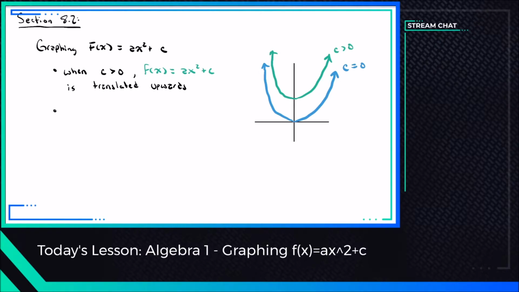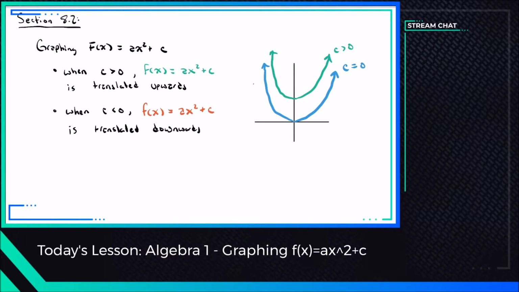When c is less than 0, well, you could probably guess what is going to happen. The graph of f of x equals ax squared plus c is translated down. So we can draw that in.